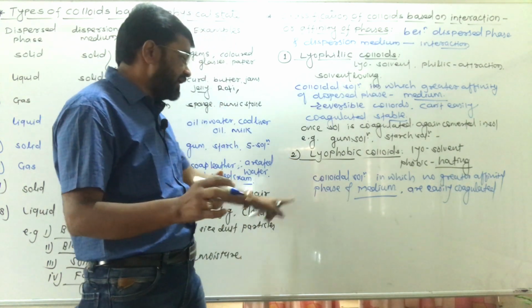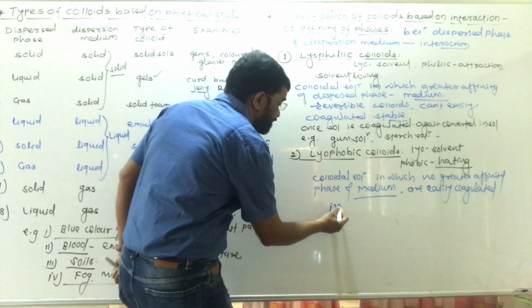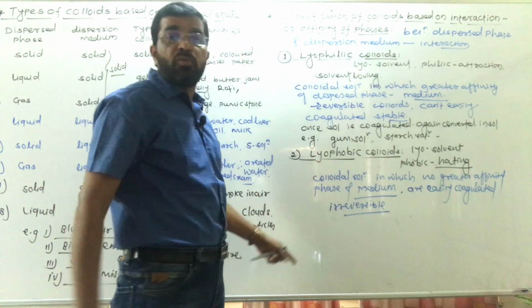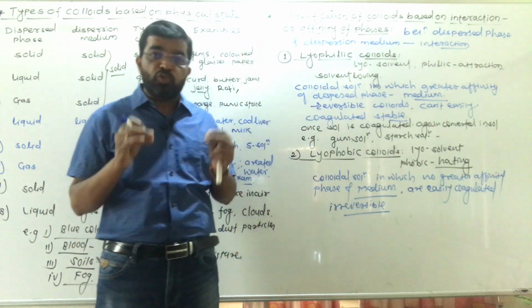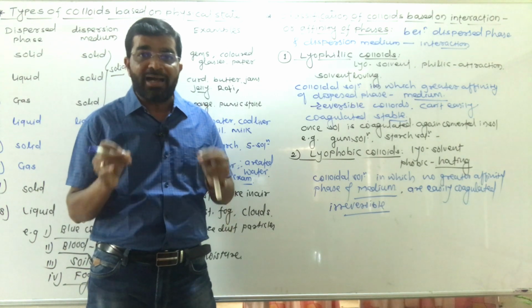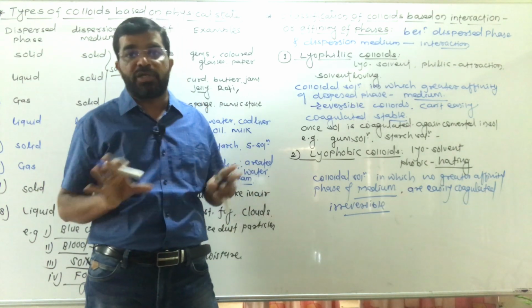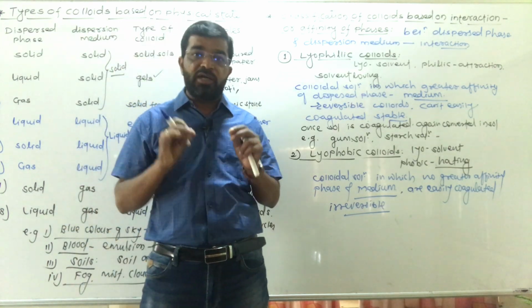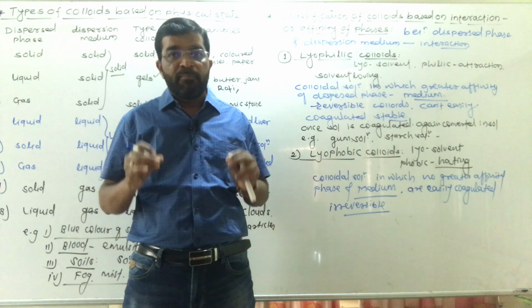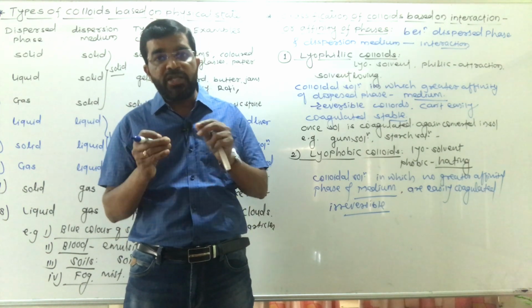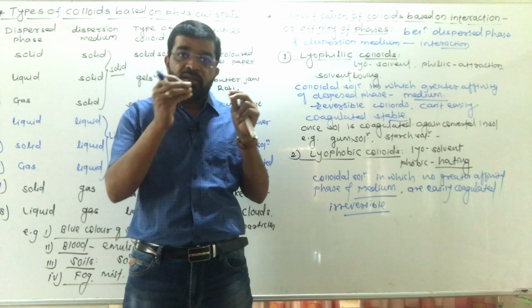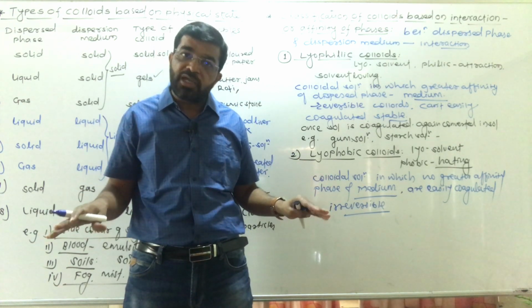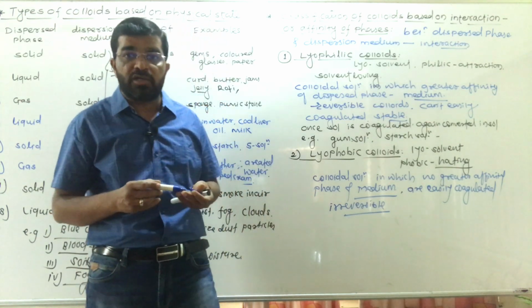As well as here, these are irreversible colloidal solutions. Once the solution is coagulated, again it cannot be converted into colloidal solution. Once the colloidal solution has coagulated and formed a precipitate, then even by mixing it with the medium again you cannot obtain a colloidal solution. So that is the irreversible colloidal solution.